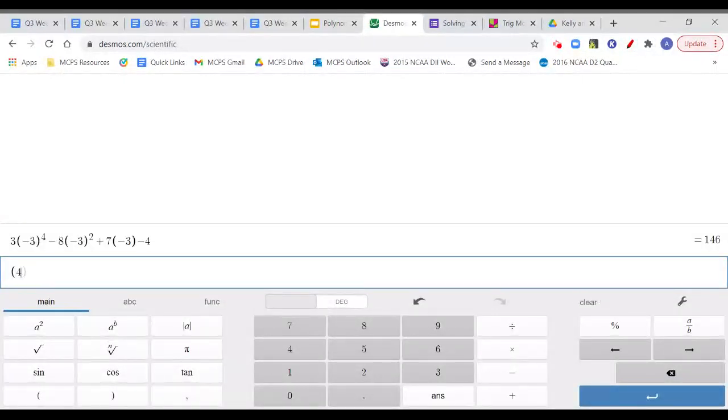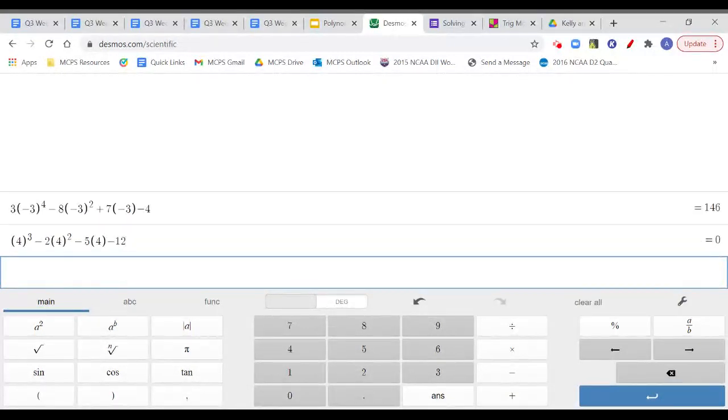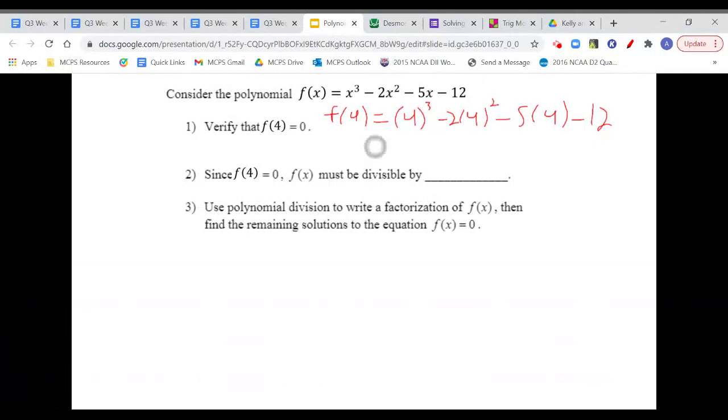My annotations aren't going to carry over, so I apologize, but I took a picture of it. I was asked to verify that it equaled 0. When I typed it in the calculator, it did equal 0. So that equals 0. Check that.